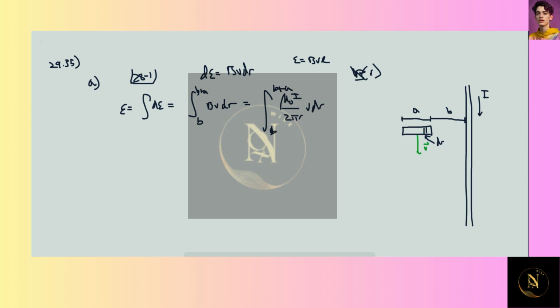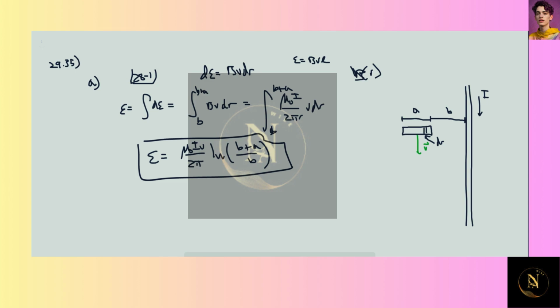Well, this is just integrating dr over r, so that's the natural log over the two bounds here. So we get an EMF of mu naught I v over 2 pi times the natural log of b plus a over b.